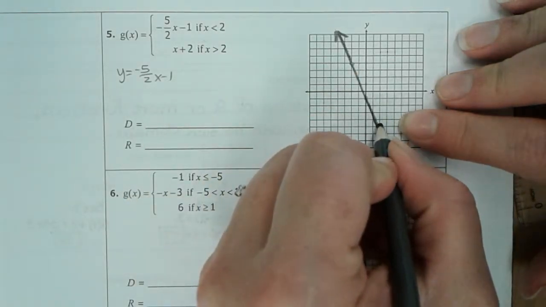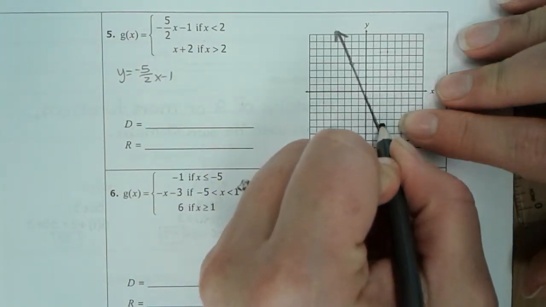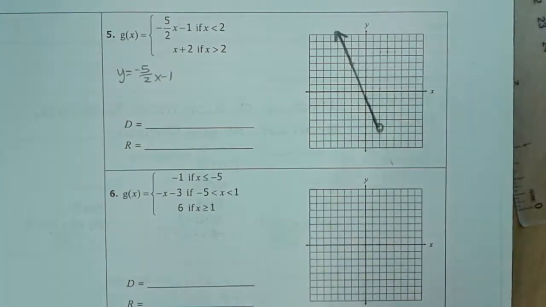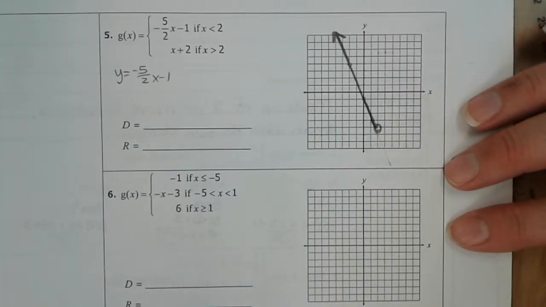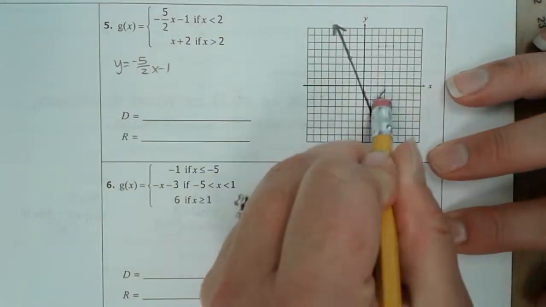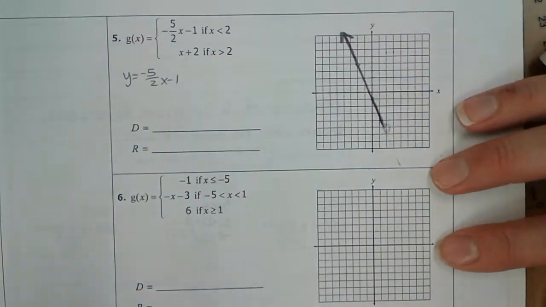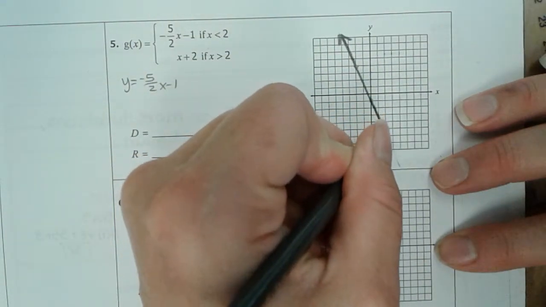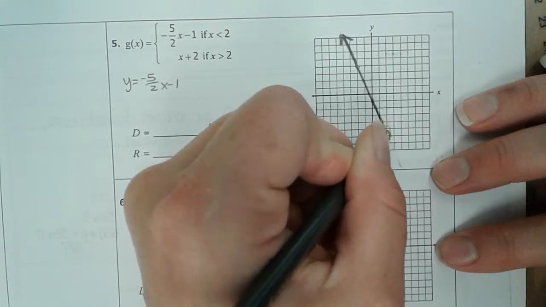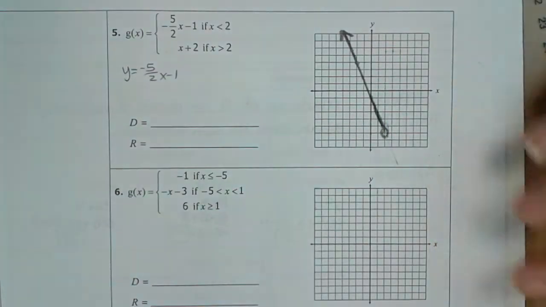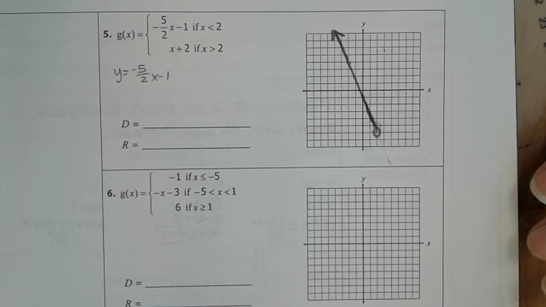So we're just going to go ahead and put an open circle right there. Let's see, actually our line goes right to this point right here. Our line goes down here, and at x equals 2, it's right here. There we go. We're going to put an open circle right there. Okay, so now we have that line graphed.